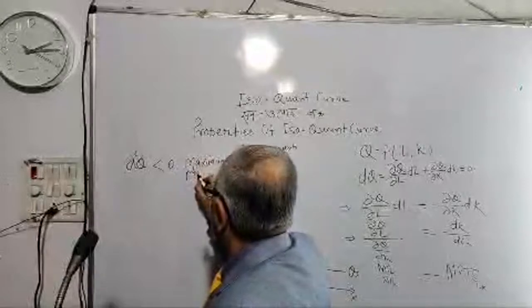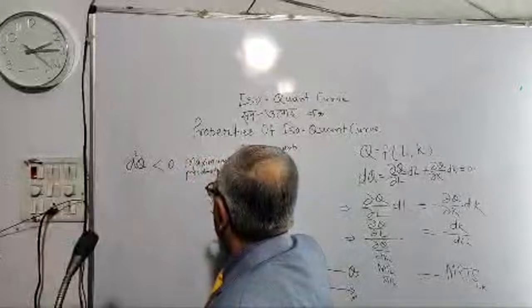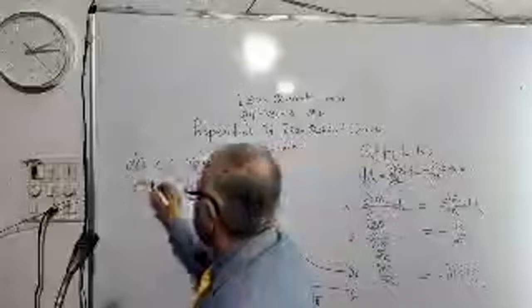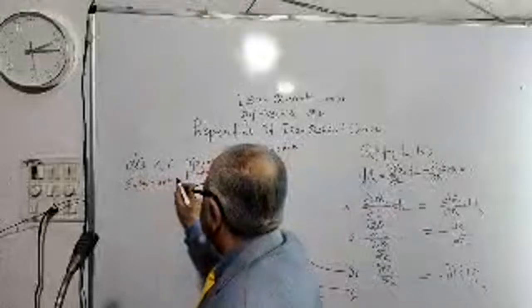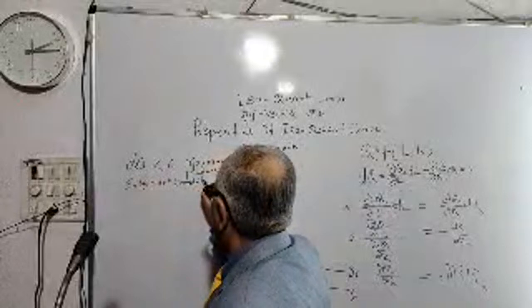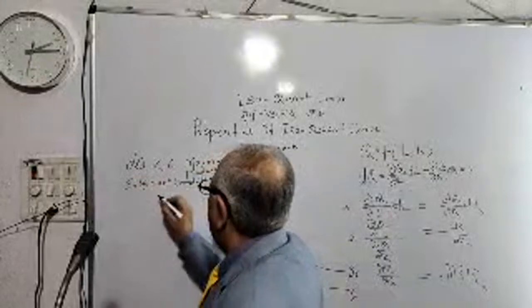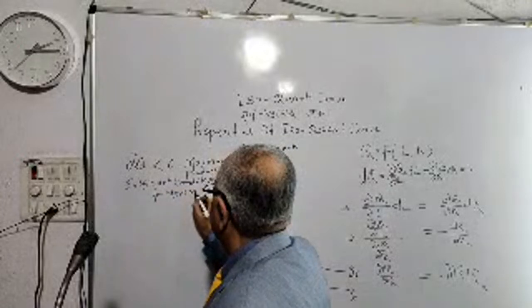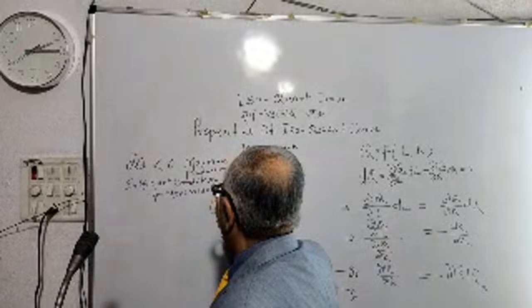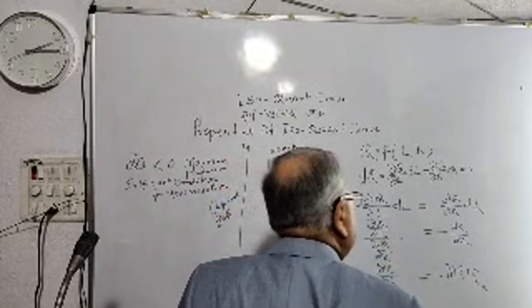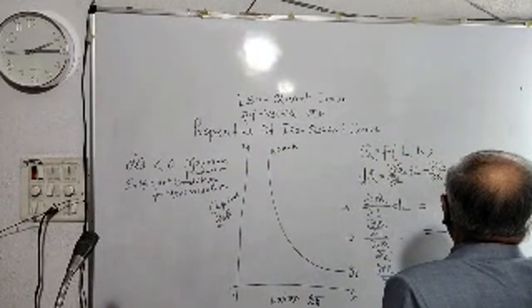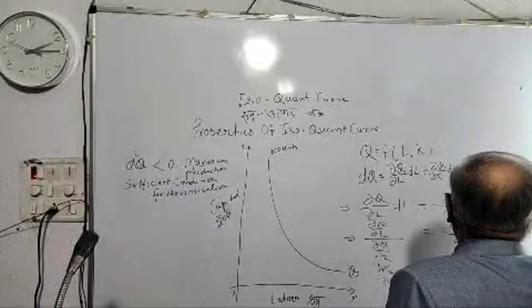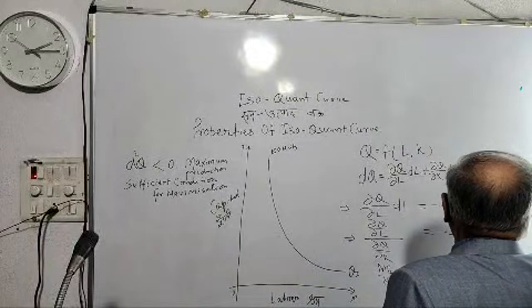This is the sufficient condition for maximization. But what we found first, dq equal to 0, this is the necessary condition.